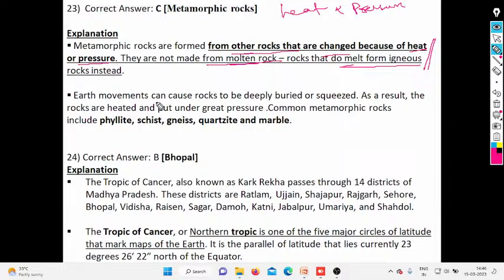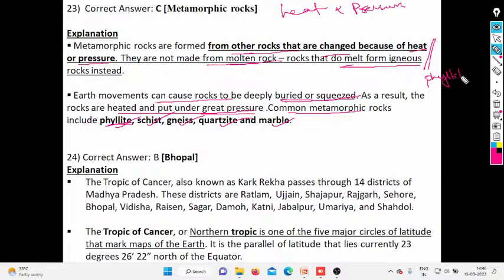Earth movements can cause rocks to be deeply buried or squeezed. As a result, the rocks are heated and put under great pressure. Common metamorphic rocks include phyllite, schist, gneiss, quartzite and marble.